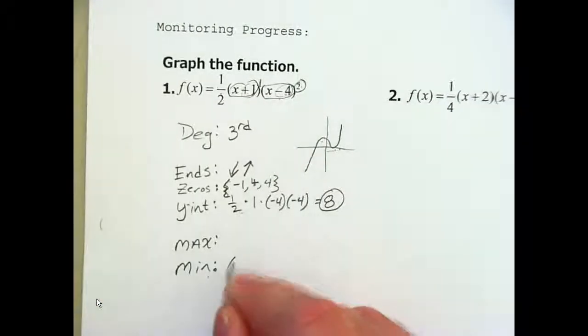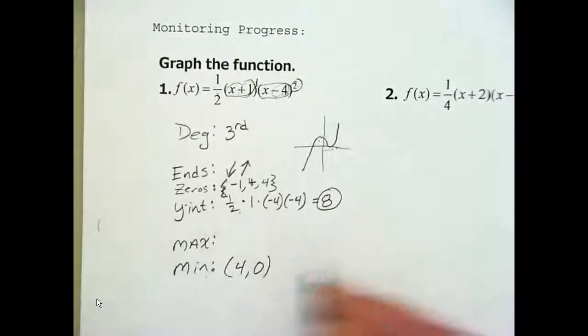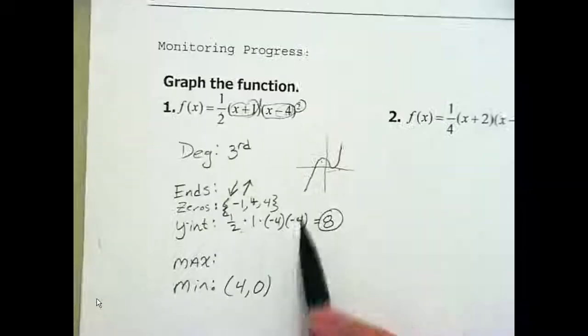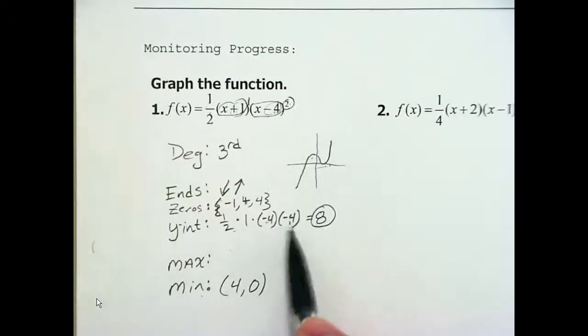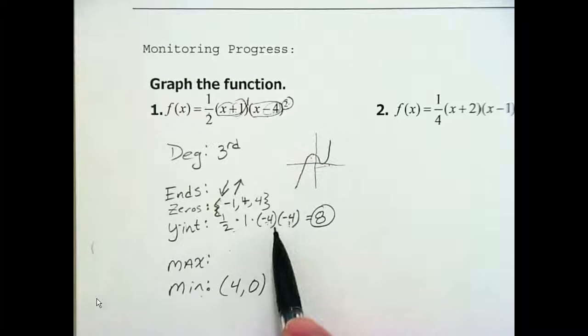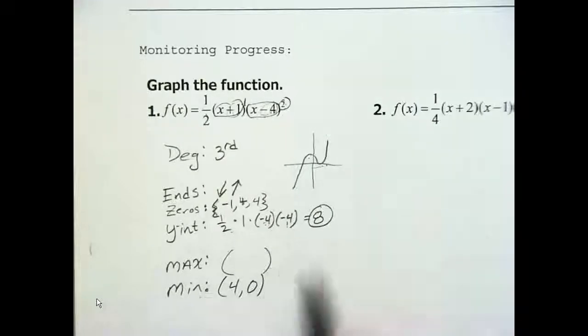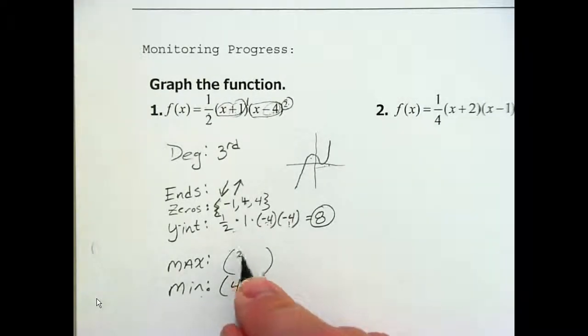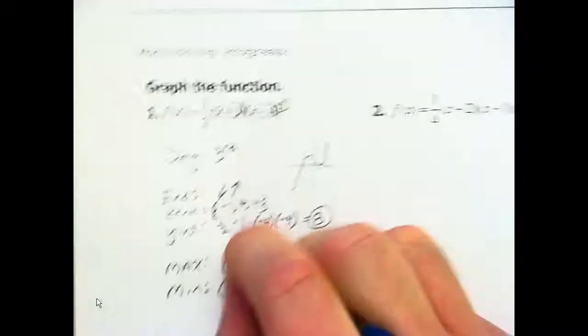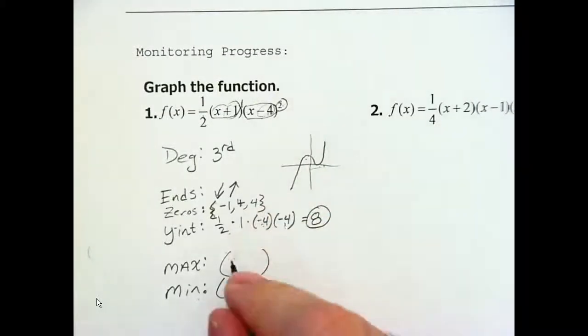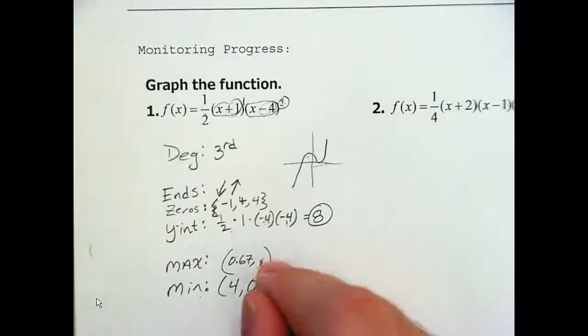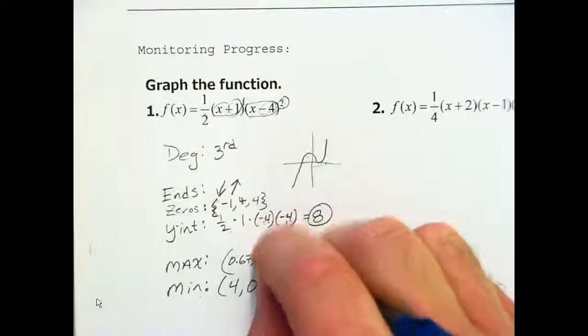So minimum is 4, 0. How do we know that? Well, look, it turns right there. It bounces there. We should have already known that minimum. Okay, maximum. I get 2/3 or 0.67 and 9.26.